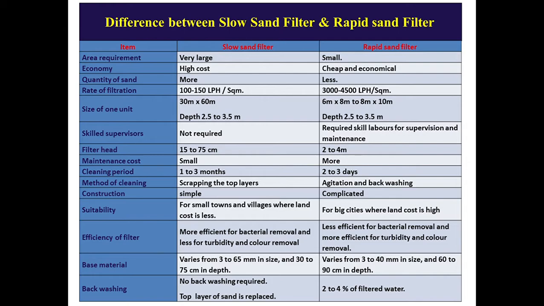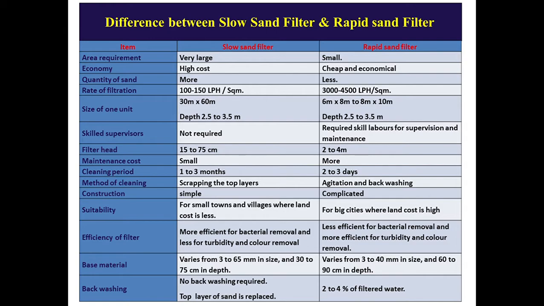For slow sand filter, it can be used for small towns, villages, where land cost is very less, whereas rapid sand filter is suitable for big cities where land cost is very high. Efficiency of the filter.